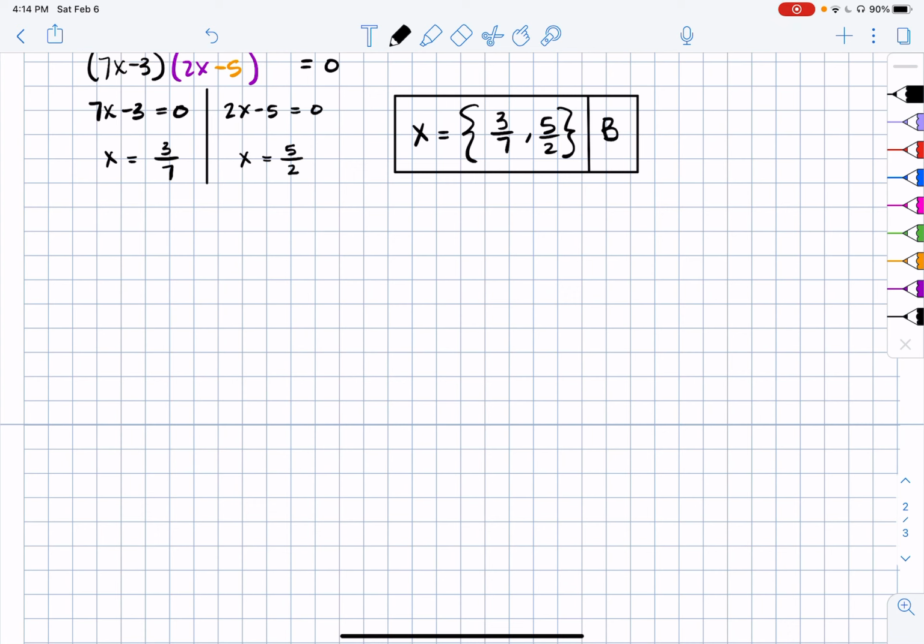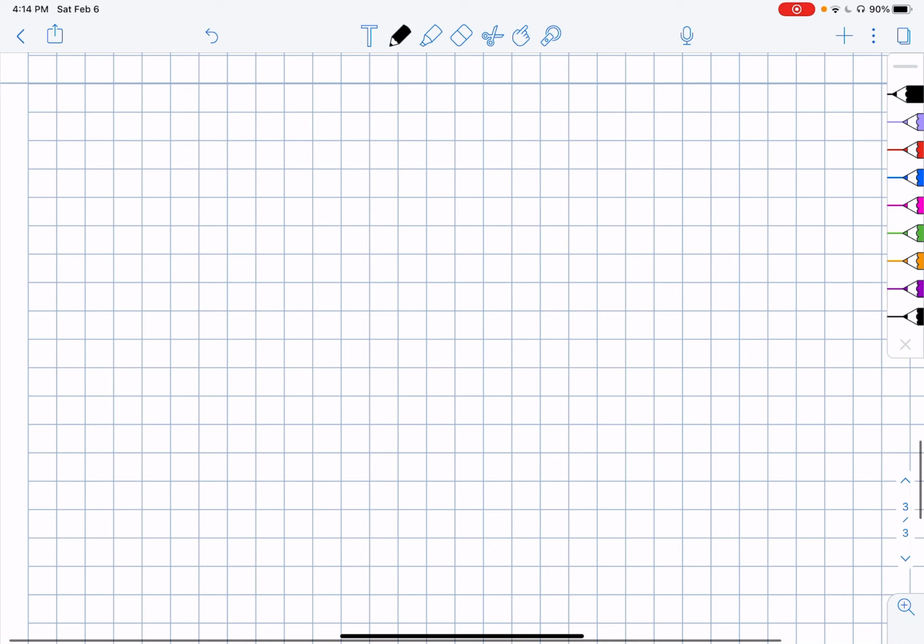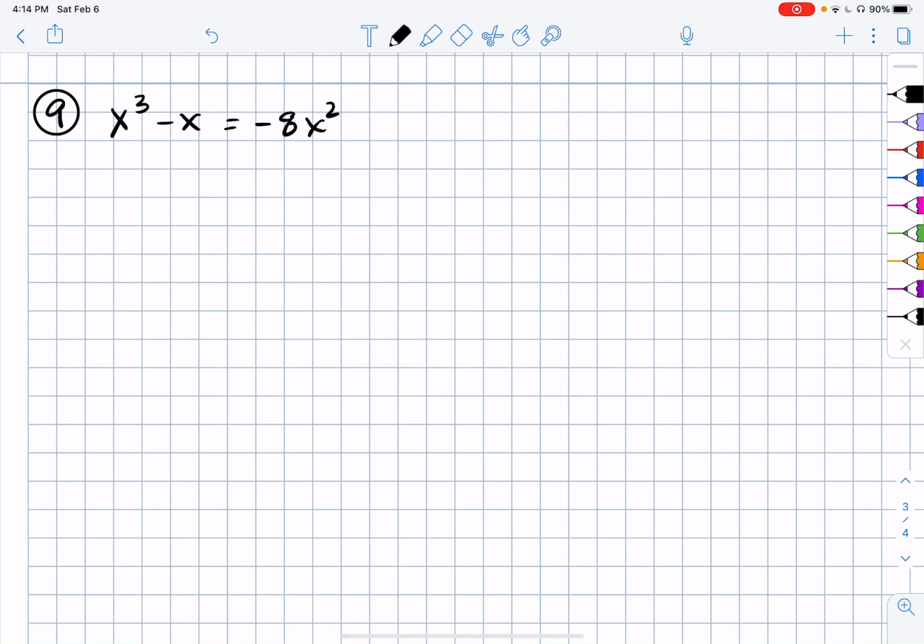Let's see what number 9 says. Let's just start number 9 on the next page here. Number 9 says x to the third minus x is equal to negative 8x squared plus 8.